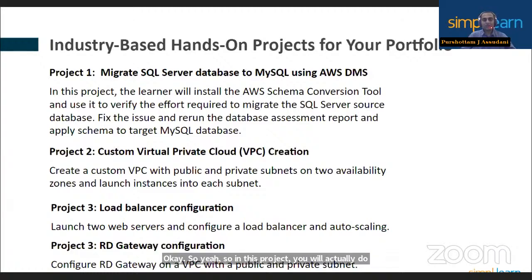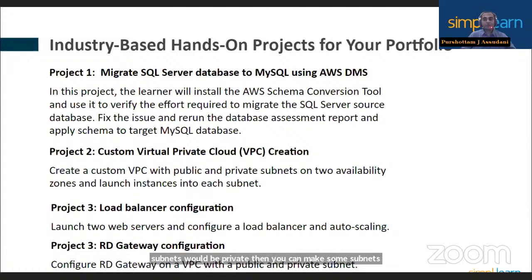Then the next one is custom VPC creation. Here you can create your virtual private cloud, your own custom cloud, by designing your network with public and private subnets. Initially, all the subnets would be private. Then you can make some subnets public and bring in the internet there.